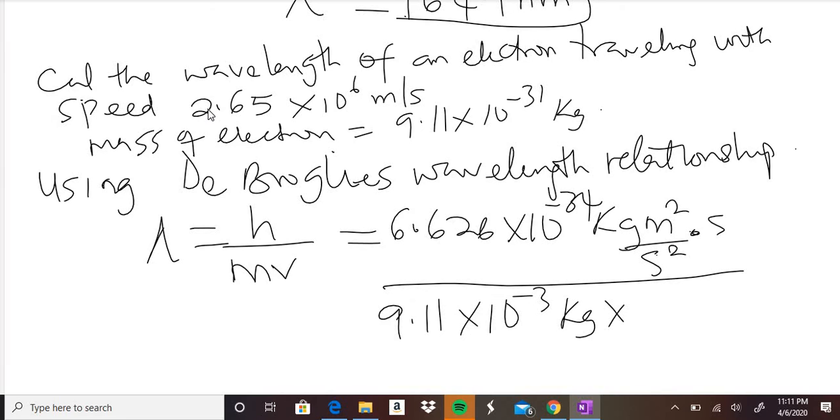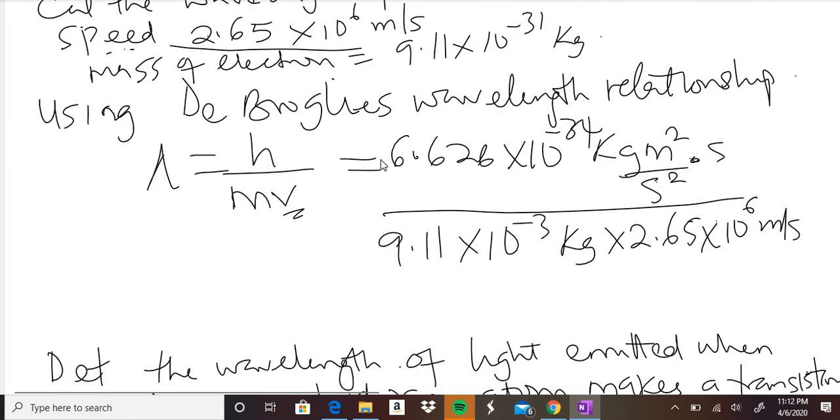And the speed, which is the velocity, is 2.65 times 10 to the 6 meter per second.